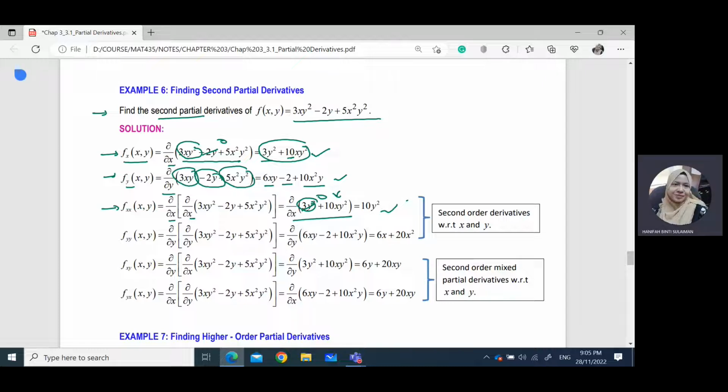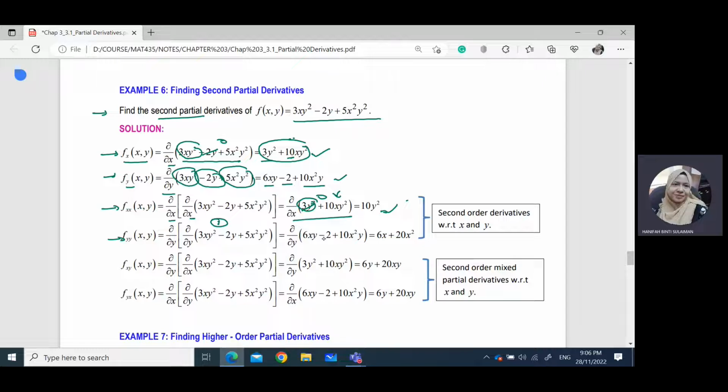Alright. So untuk second order, first order, we differentiate with respect to x. So jawapan ni, you differentiatekan lagi on x. Dan kita akan dapat jawapan yang ini. Okay. Alright, so next, second order partial derivative with respect to y. So for the first step, we differentiate with respect to y on the given function. Yang ni kita dapat kat atas tu.